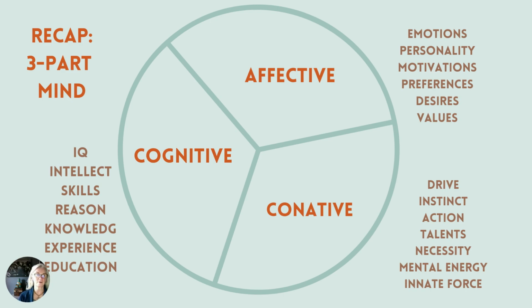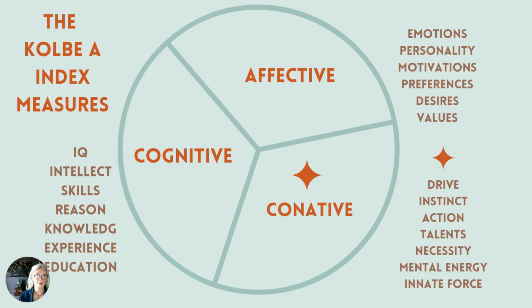An affective personality test, like the Myers-Briggs, will measure your emotions and your personality, your motivations, your preferences, desires, and values. The Kolbe A Index is a conative personality test. It measures your drive, your action, your actual mental energy and innate force that you use when you are in action.